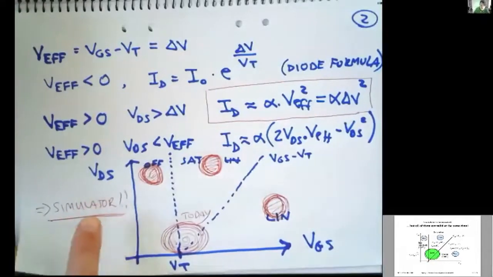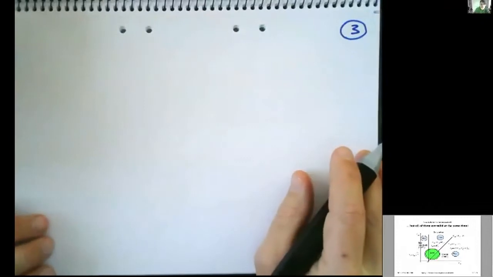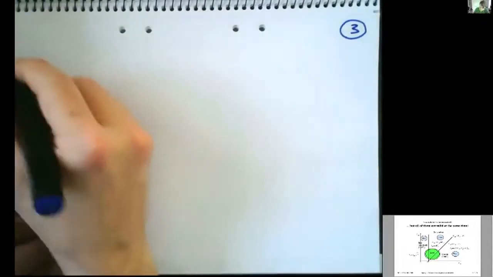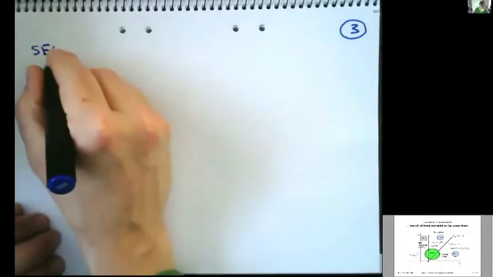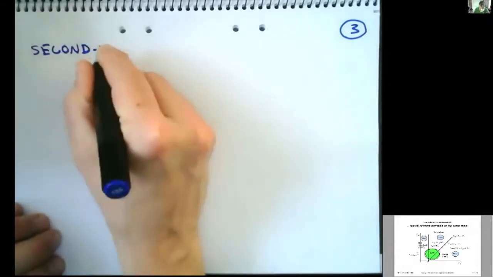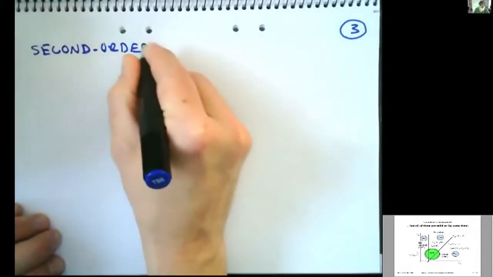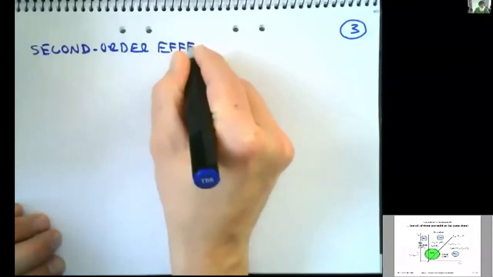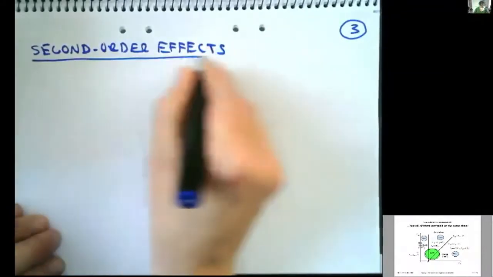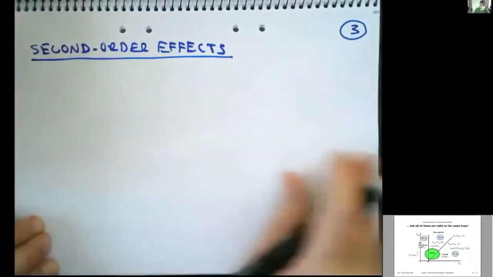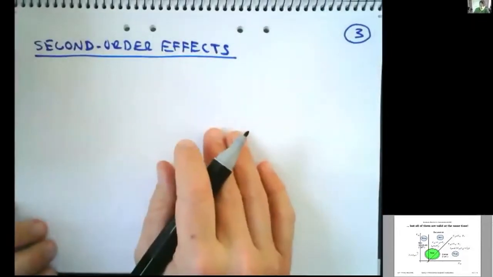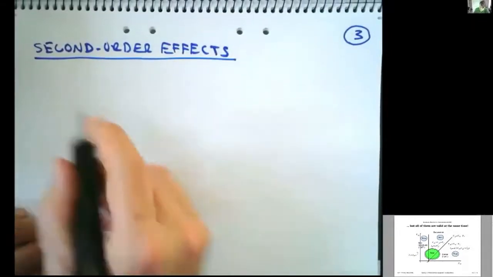But once again, going to simulate, so we need to add some more details to this. It's called second order effects of the transistor, and we only care about the saturation region for the time being.